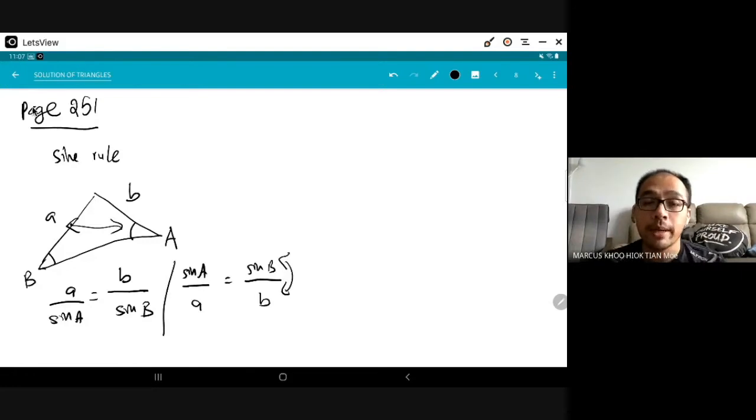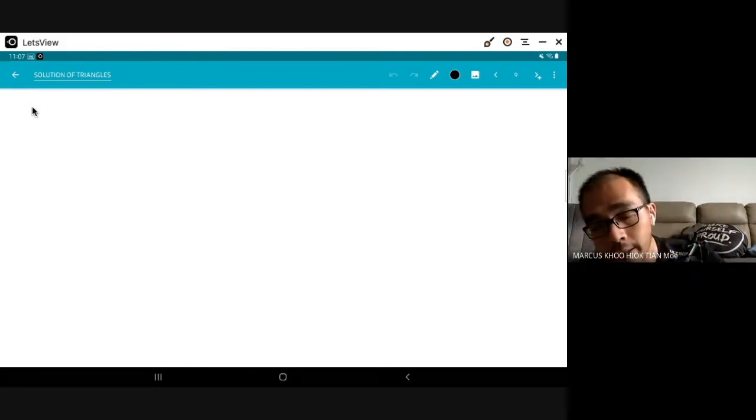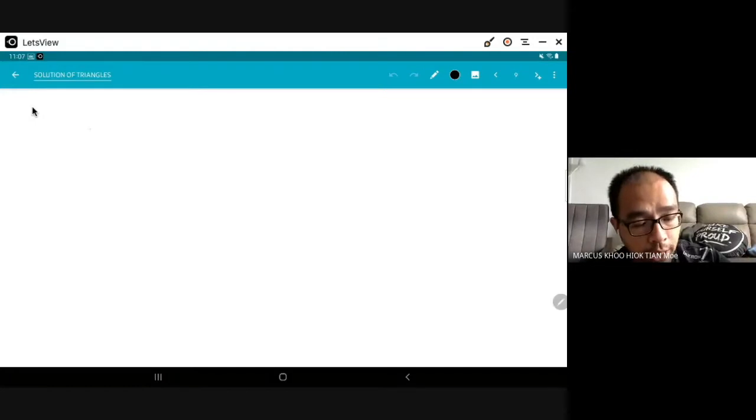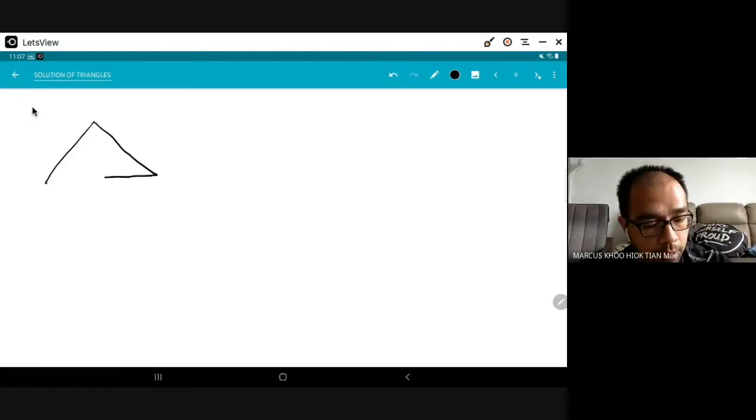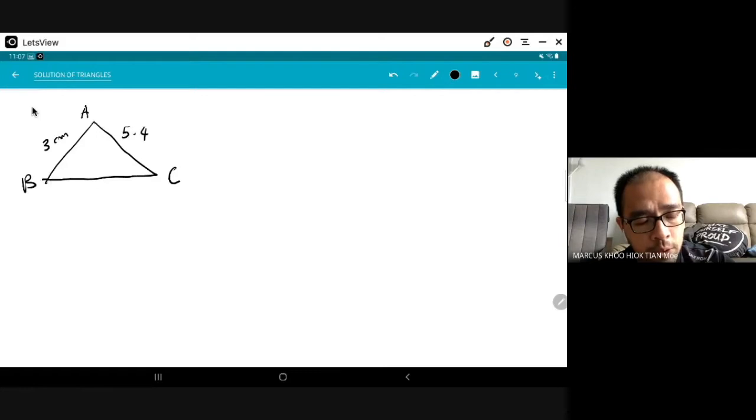But now the problem comes when, let's say I give you a triangle that is like this. Let's say this is A, this is B, this is C. Let's say this is 3 cm, this is 5.4 cm, and then I give you the angle over here as 37 degrees.